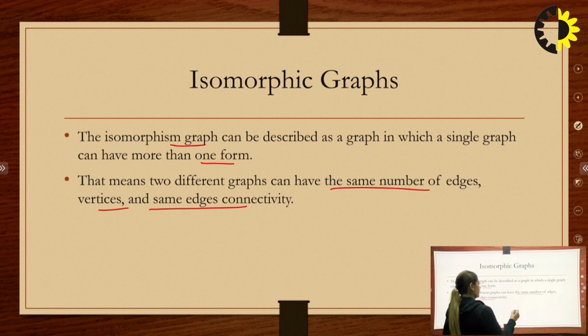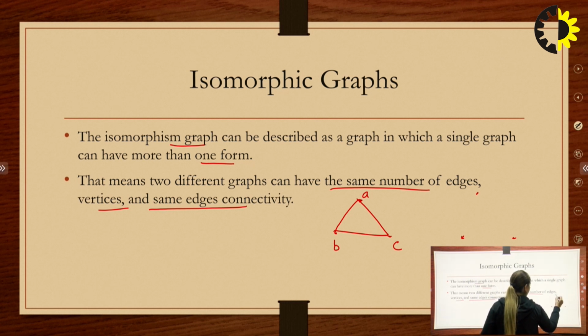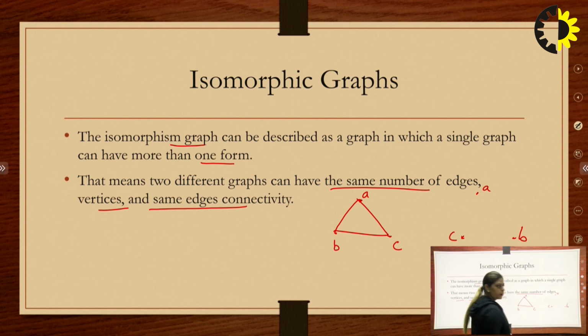Now you can see here, if we have three vertices A, B, C, we have a relation A to B, B to C, and C to A. Suppose we can draw this another way also: A, B, C. A, C, and B. We can draw it this way.